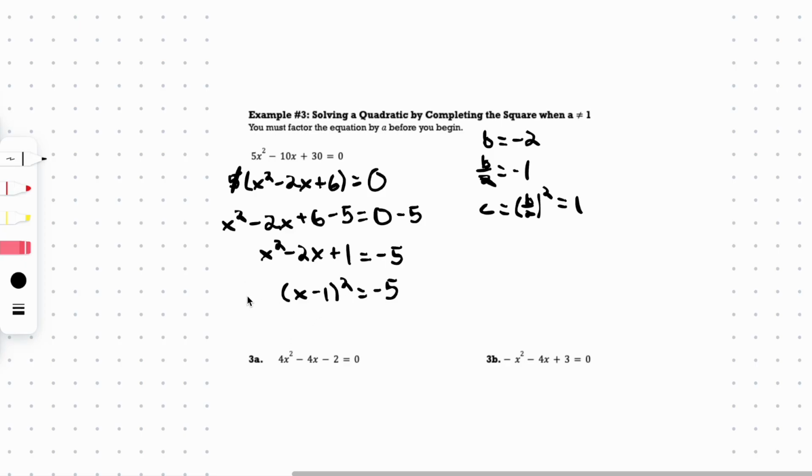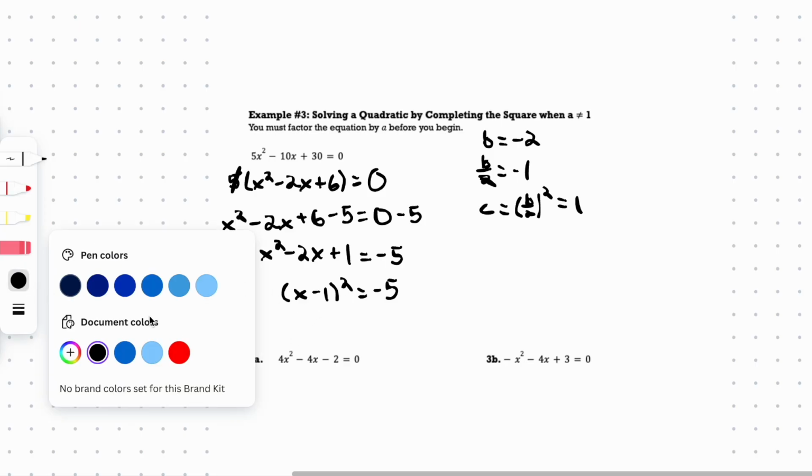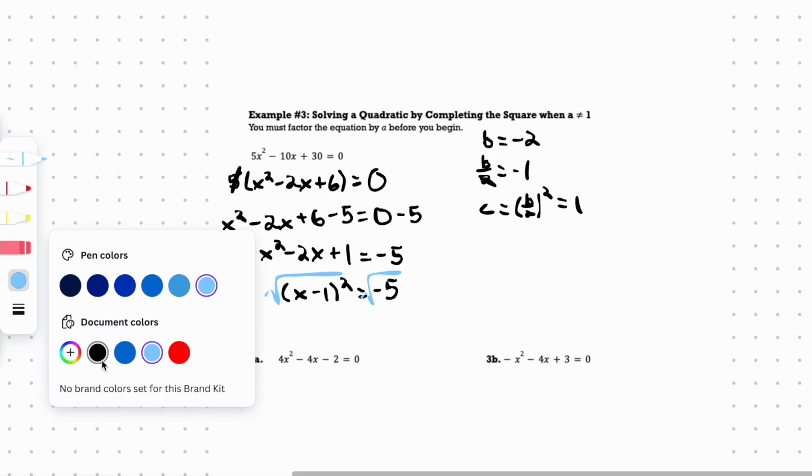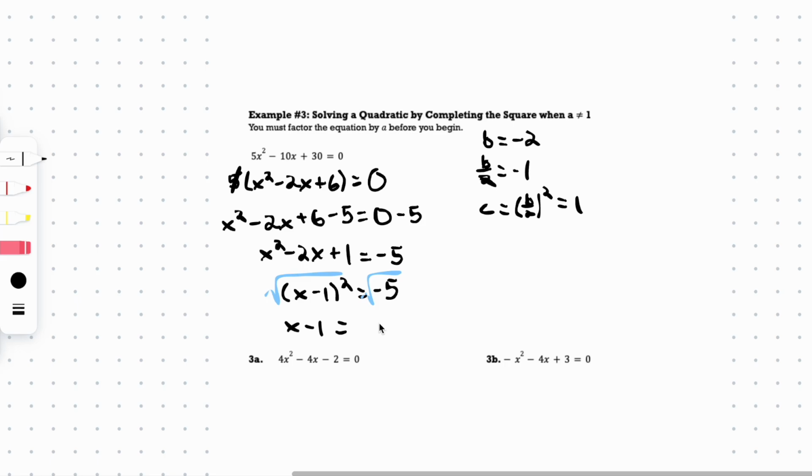And now we take the square root of both sides. And then we get x minus 1 equals plus or minus root negative 5, which I'm going to say is plus or minus i root 5.